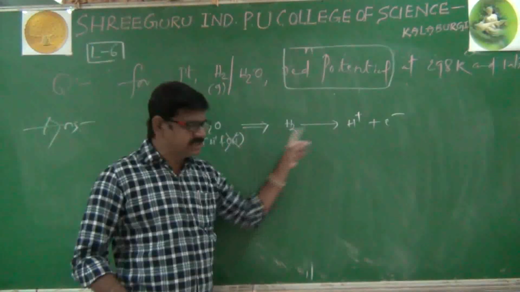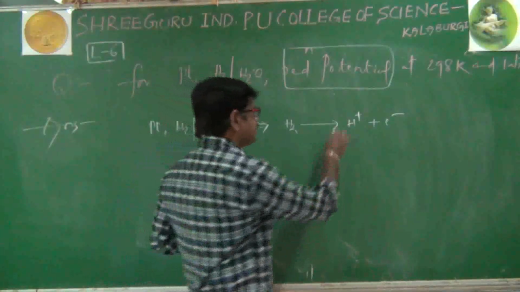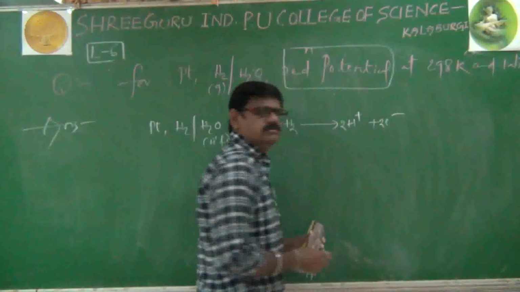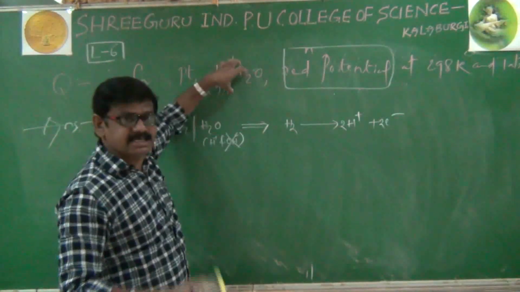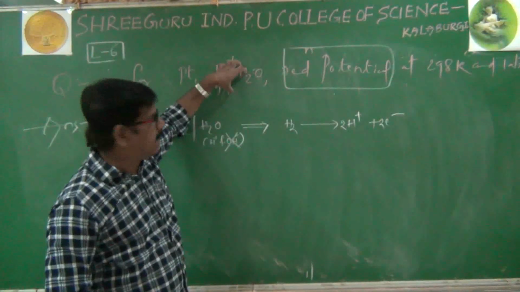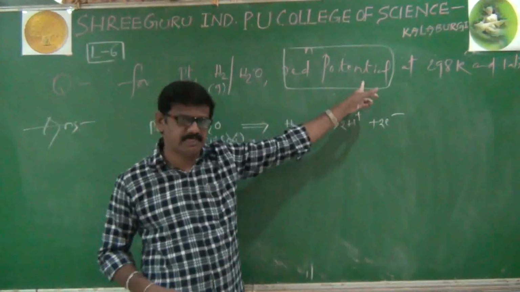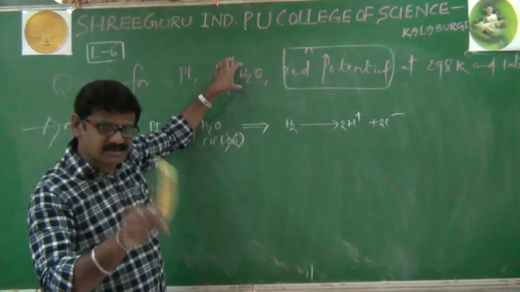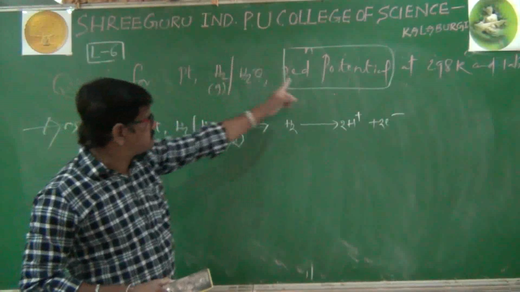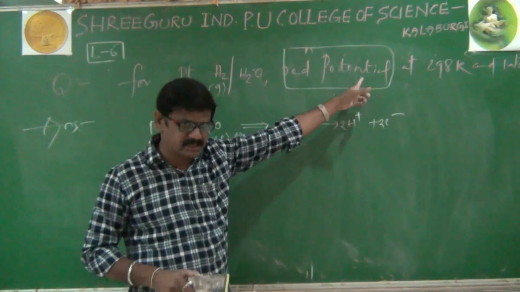This is an oxidation reaction, of course. Balancing purpose, 2 and 2. In the question particularly, the symbol has given oxidation, and the question is asking the reduction potential. I'll repeat, the symbol has given an oxidation-related symbol and the question is asking reduction potential.